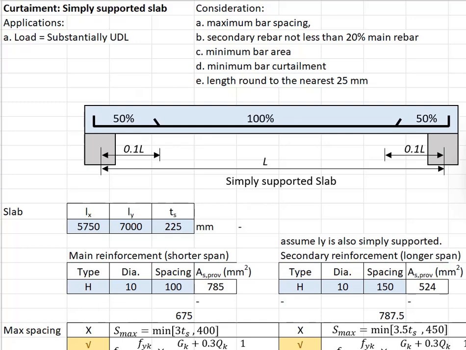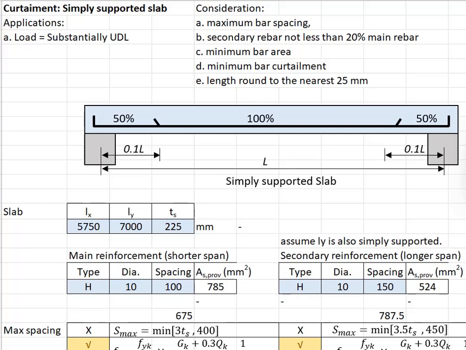The easiest way for you to do that would be to do the curtailment of reinforcement bar at this place. Curtail one of the bars every 2 bars. You do the curtailment alternately. As a result of the curtailment, at the midspan, you will have H10 at 100, whereas at the support, you will have H10 at 200.